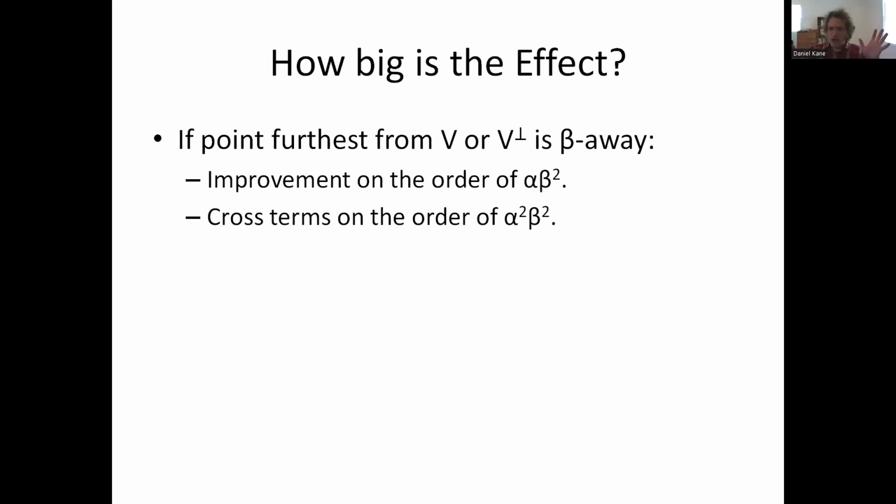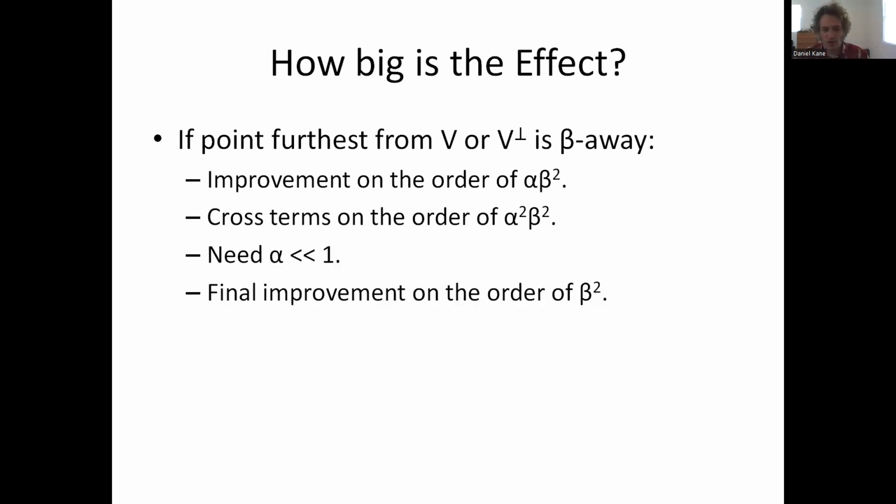If you do the computation carefully, the improvement you get in our potential is on the order of alpha times beta squared times some polynomial in d, n and epsilon. And the cross terms that make things worse are on the order of alpha squared times beta squared. That means that in order to guarantee positive progress, we need alpha to be substantially smaller than 1. Applying this matrix, we can get an improvement on the order of beta squared.